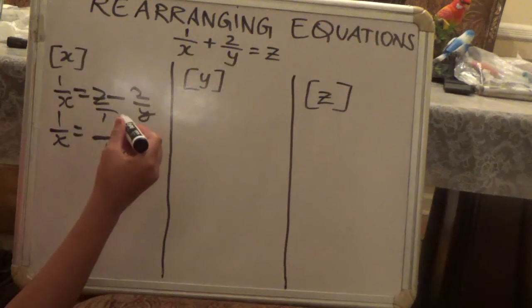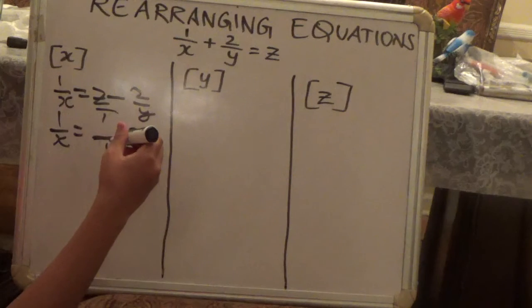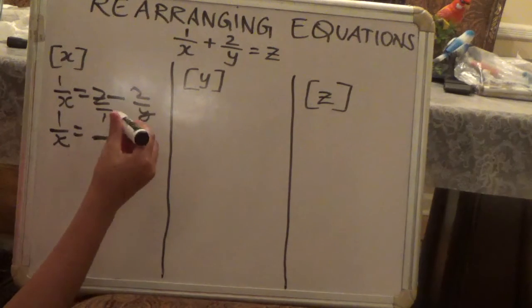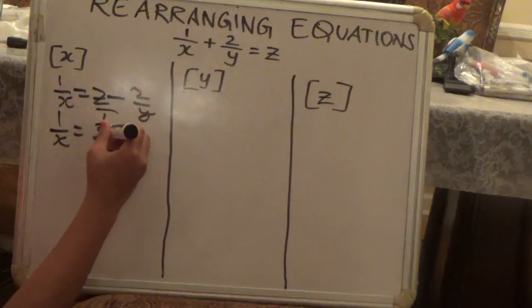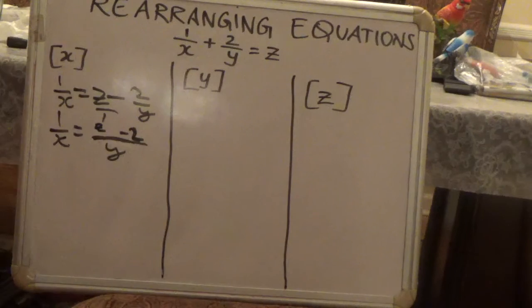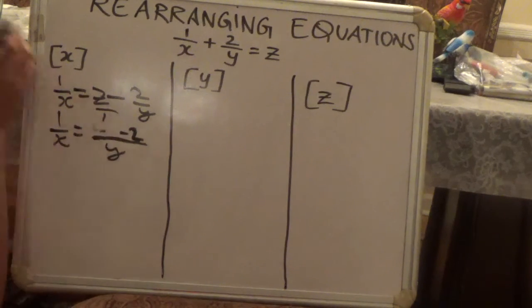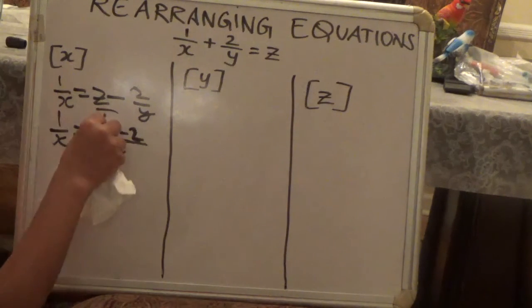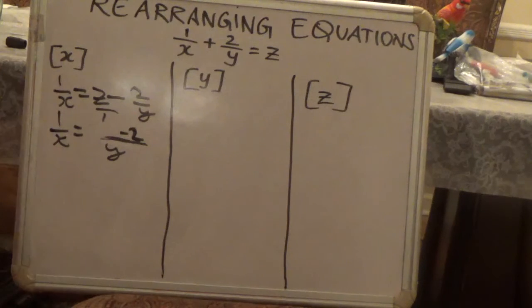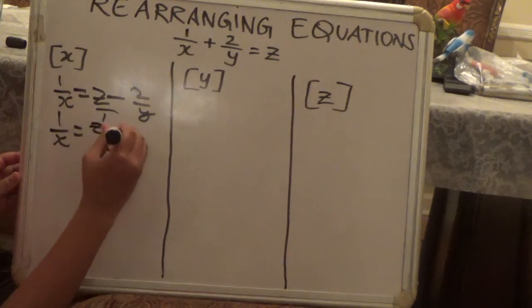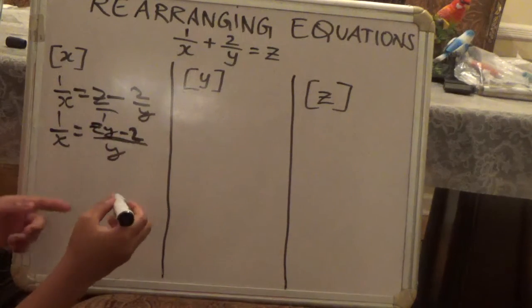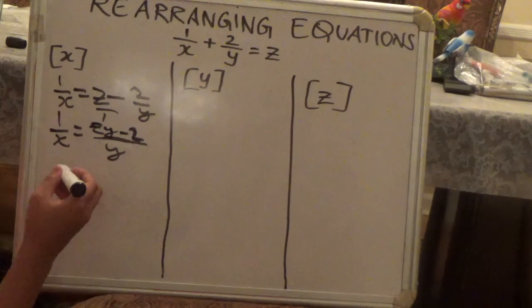When you do that, it becomes zy over y, because you multiply z by y over y. So zy minus 2 over y equals 1 over x.